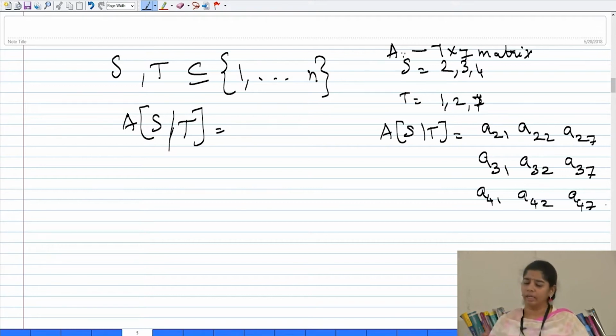Now, if I want to focus on principal submatrices, a principal submatrix is nothing but my S and T are the same set. I am looking at the rows and columns coming from the same set of values.